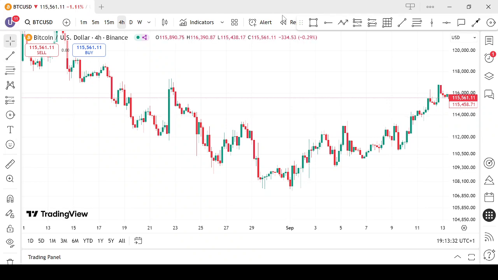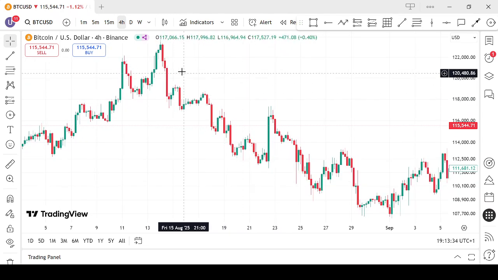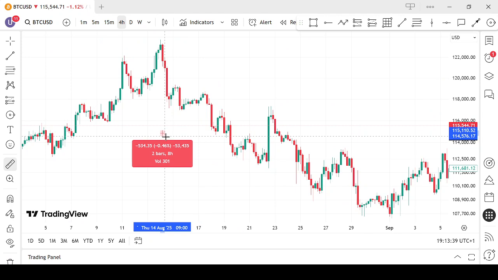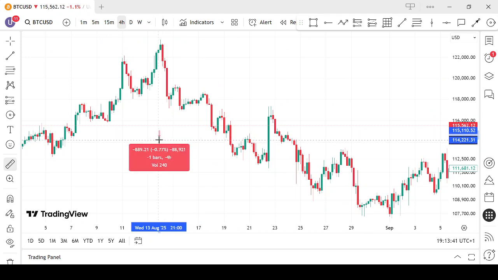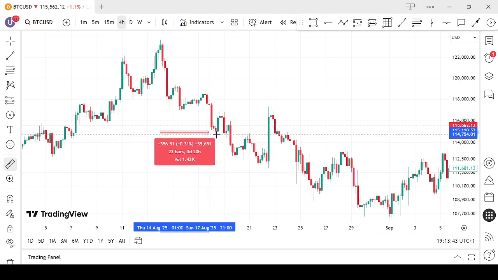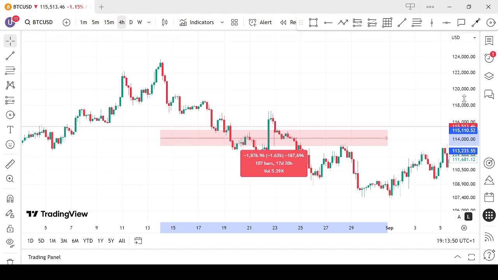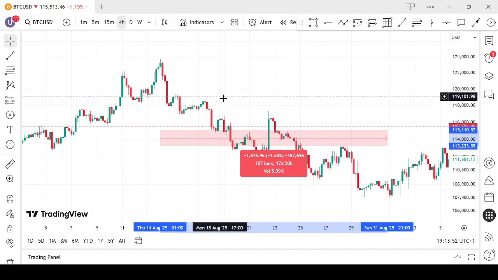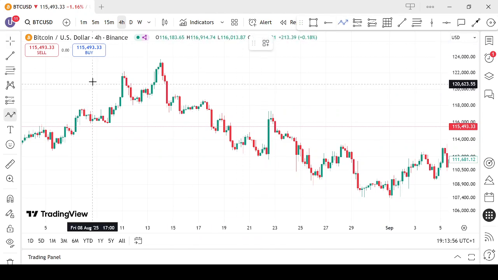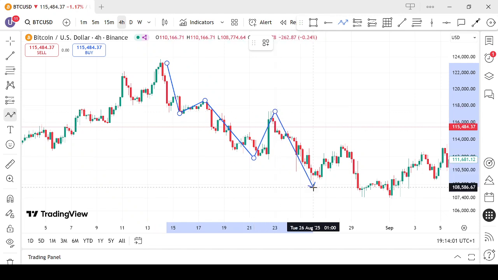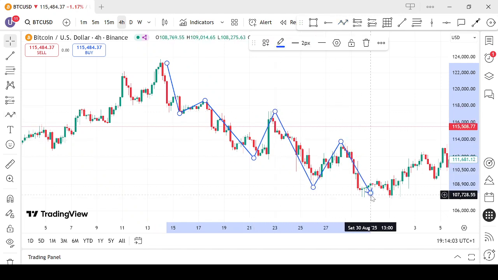As you can see in this particular area, between the 13th of August and the 31st of August, the chart moved in a down wave, creating a series of lower lows and lower highs.